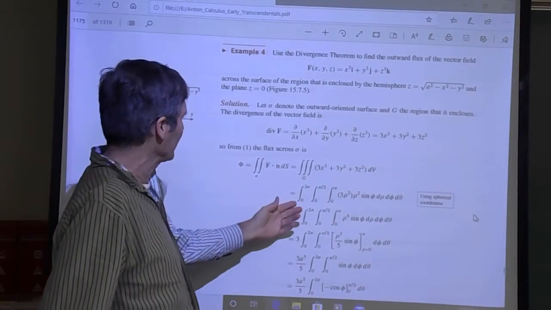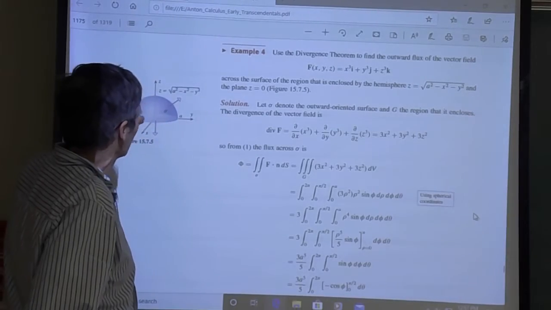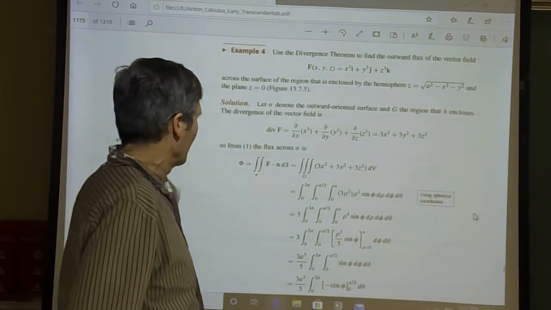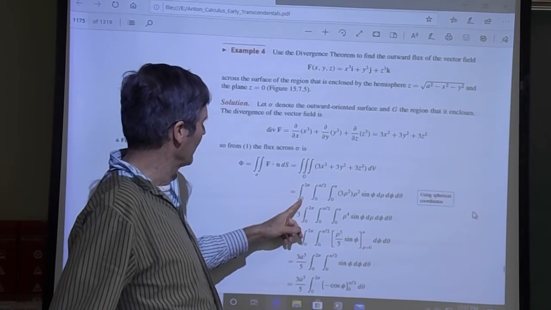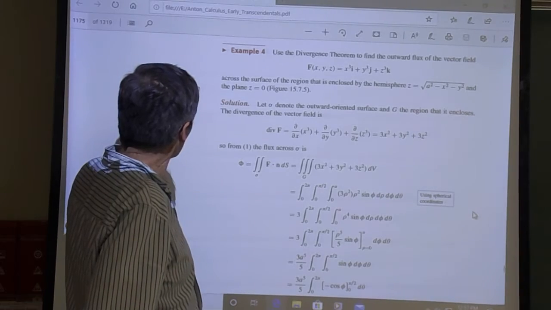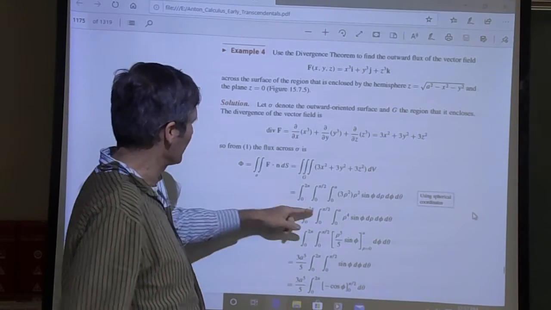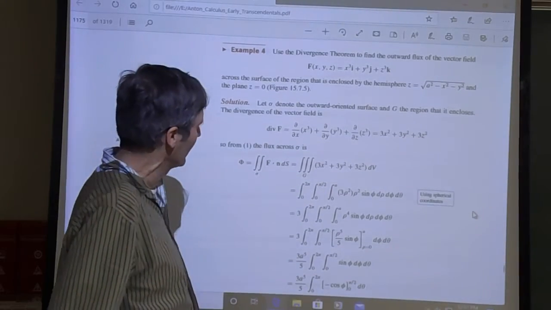When we evaluate this integral, which is now very easy because rho goes between constant values on a sphere, we just let theta go from 0 to 2 pi. Phi goes from the top down to the plane, 0 to pi over 2, and then rho goes from 0 to a, the radius of the sphere.